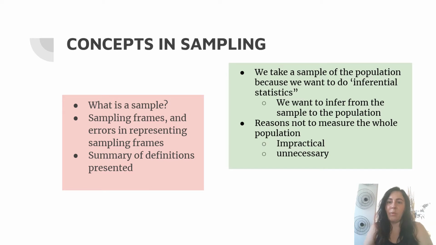We want to be able to infer what is actually happening with that population, regardless of the scope of your study. We take a sample so that we can study that and infer what is happening with the population.